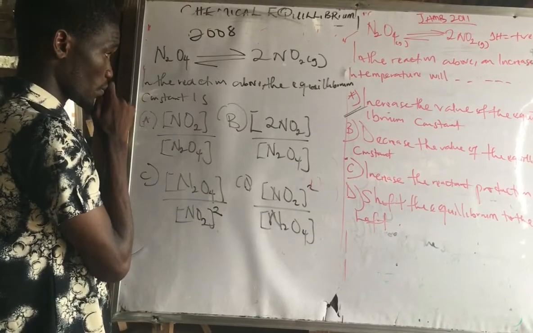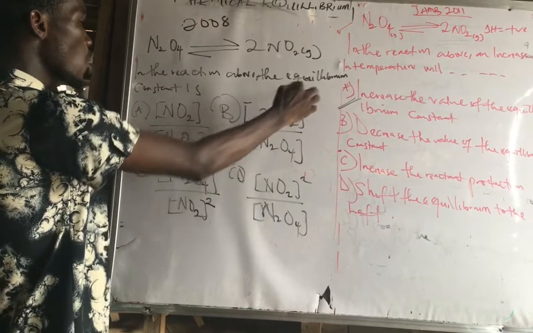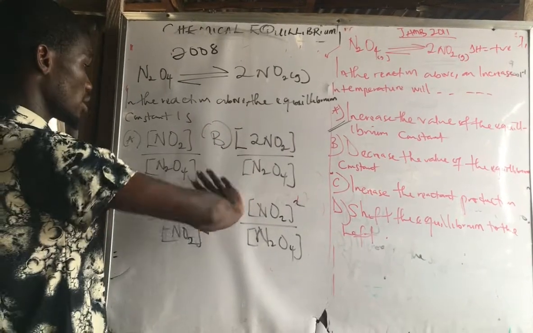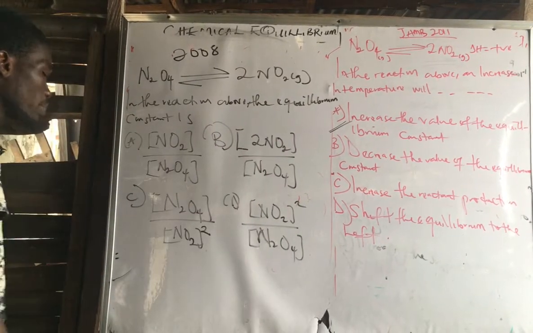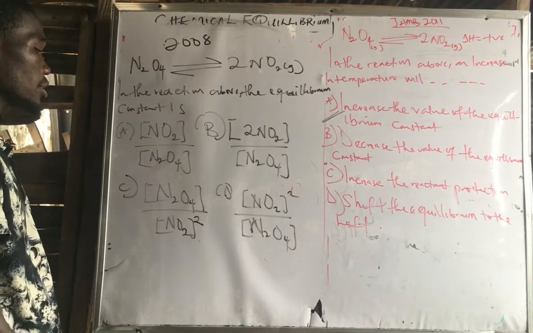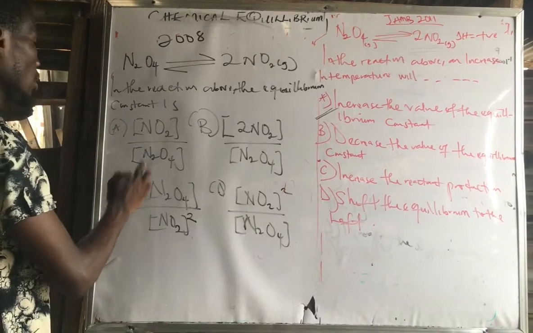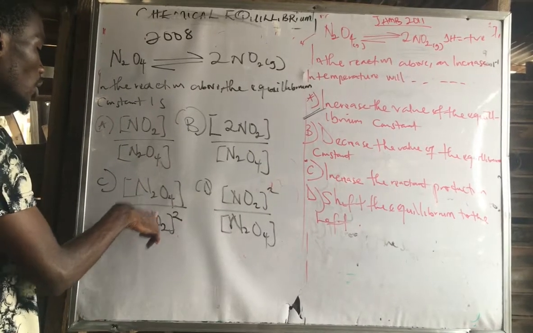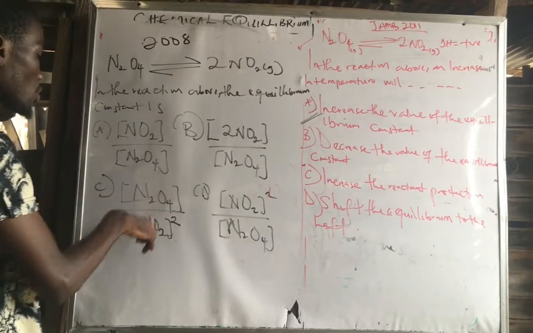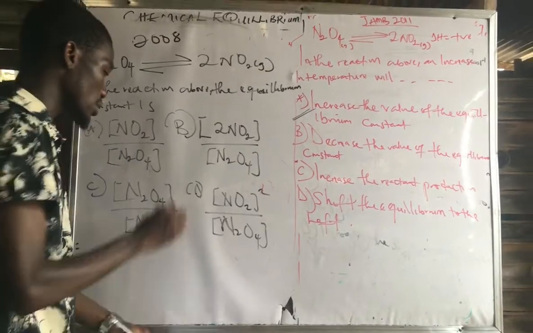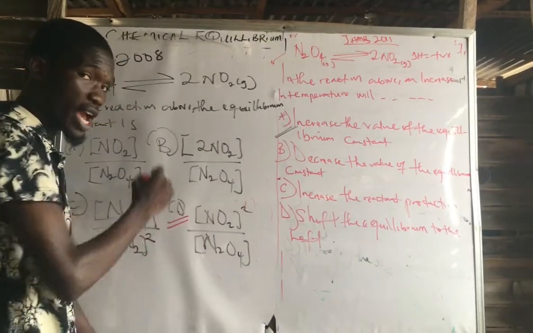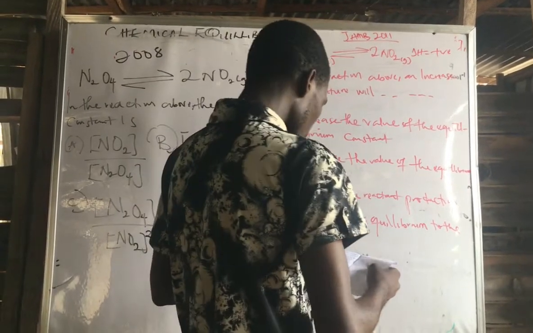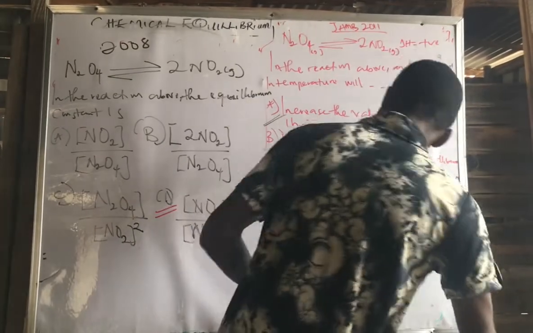B, the number of moles should be represented here, not inside the concentration bracket, so it's wrong. So my answer is between C and D. This is my reactant side. Instead, this is supposed to be here, while this is supposed to be here. So my answer is D, to obey the equilibrium constant. So let me solve these two more.